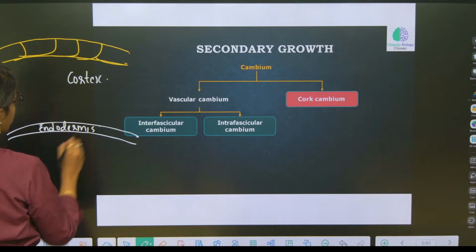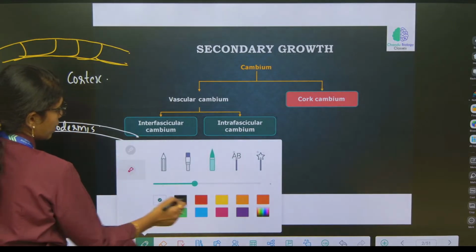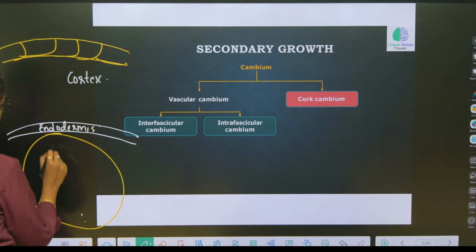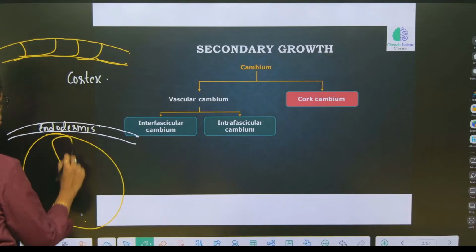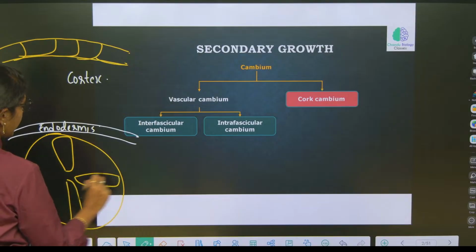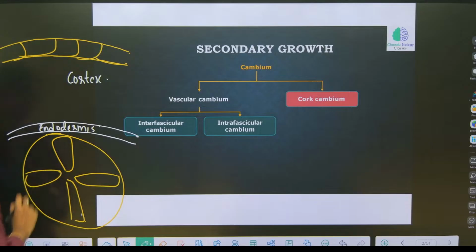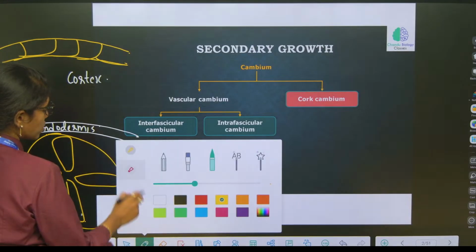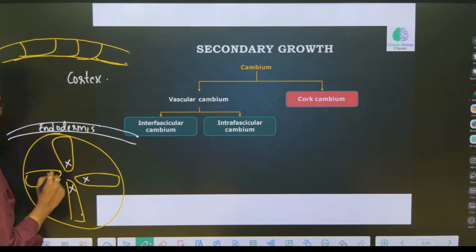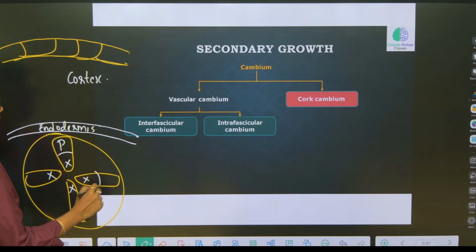Below the endodermis, we have the stellar region. First is pericycle, and inside it you have vascular bundles like this. So, this is the rough diagram of the internal structure. In these vascular bundles, we have learned xylem will be close towards the pith, and phloem will be close towards the periphery.